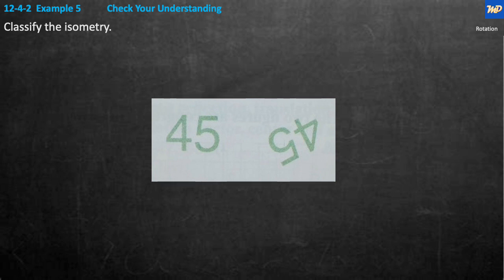And if it translated or slid in any way, I'd always be able to read 45 in its natural orientation, but it's almost on its head, upside down. I can't read it now, right? It's rotated. So this is a rotation. I'm going to write it right here. Rotation. Okay, that's it for this review.